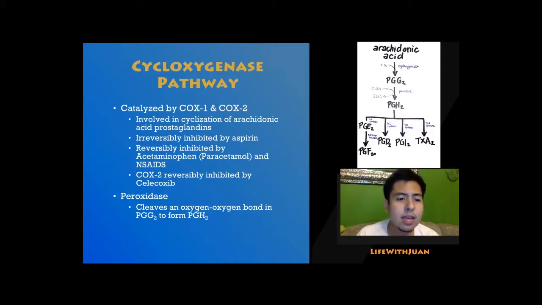Likewise, it's reversibly inhibited by acetaminophen and NSAIDs, as well as celecoxib. That's why you give NSAIDs, acetaminophen, and celecoxib sometimes for fever and for pain. Then, peroxidase is the enzyme that cleaves an oxygen-to-oxygen bond to form prostaglandin H2 from prostaglandin G2.